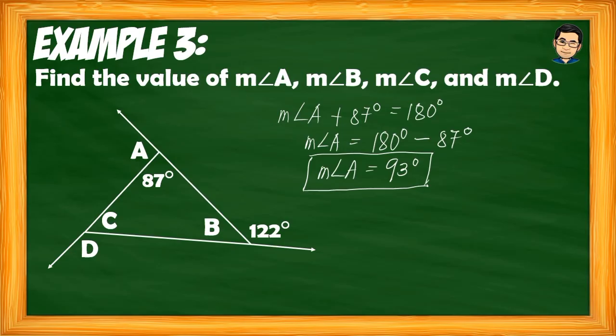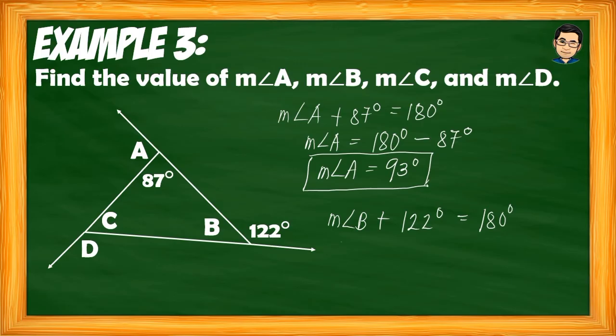What about angle B? Okay. So, dito naman, the measure of angle B plus 122 degrees is equal to 180 degrees. So, itong angle B tsaka yung 122 degrees, ayan, linear pair po sila.